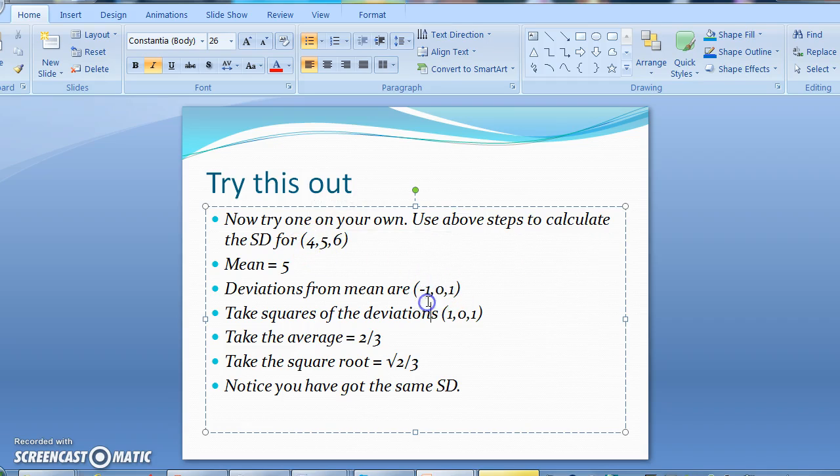If you square them, you get the same numbers. If you take the average, you get the same numbers. If you take the square root, you get root 2 by 3. Hence you get the same SD. So notice, if you have the same number of terms and the same deviations from the mean, your SD will be the same.